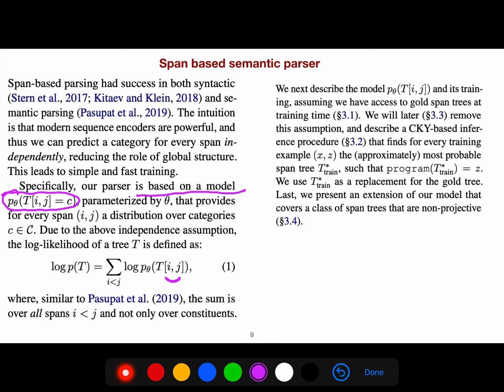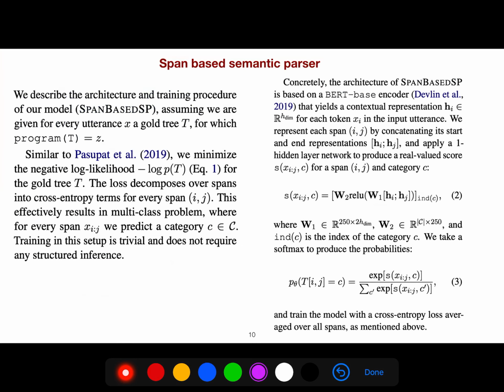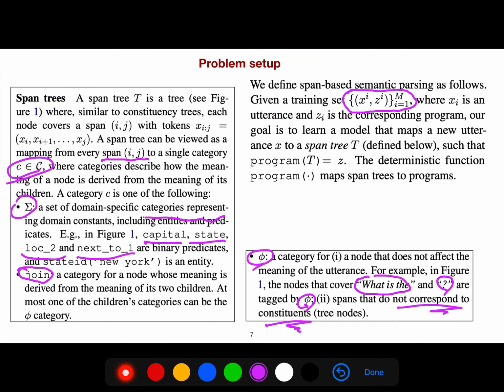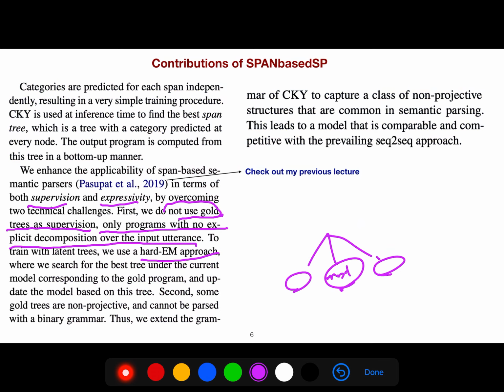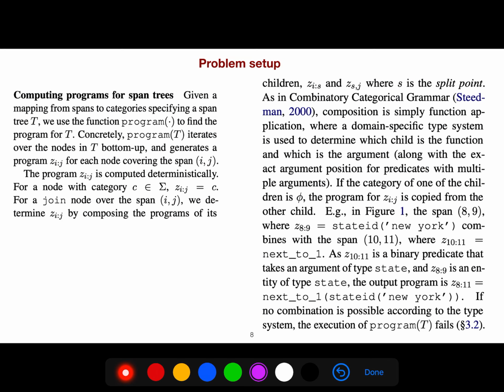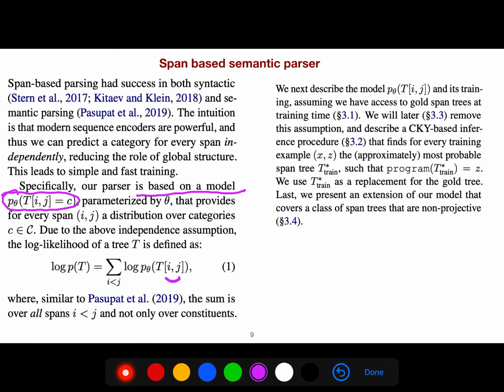Let me show you an example. For every span, it's a distribution over categories, like in the previous lecture, where we had those nodes, those categories.